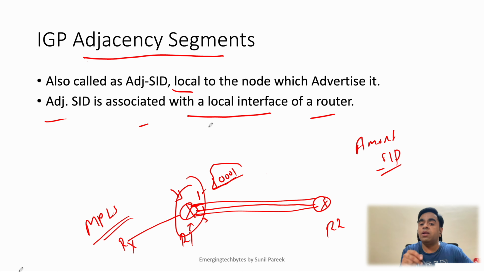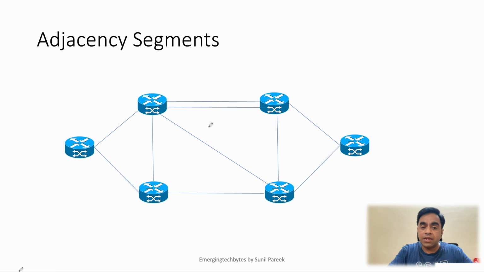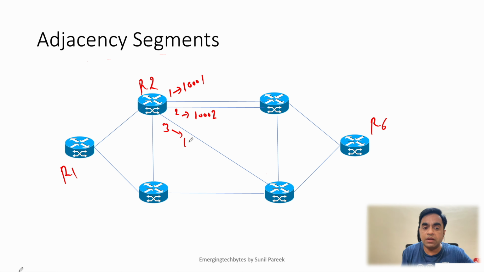To understand it with this topology, let's say I have R1, R2, and let's say this is R6, for example. And here I have those links 1, 2, 3. With the adjacency segment, the IGP will allocate a different SID to each of these interfaces.